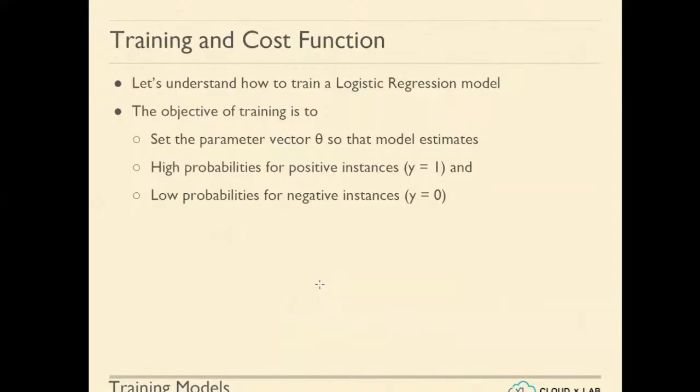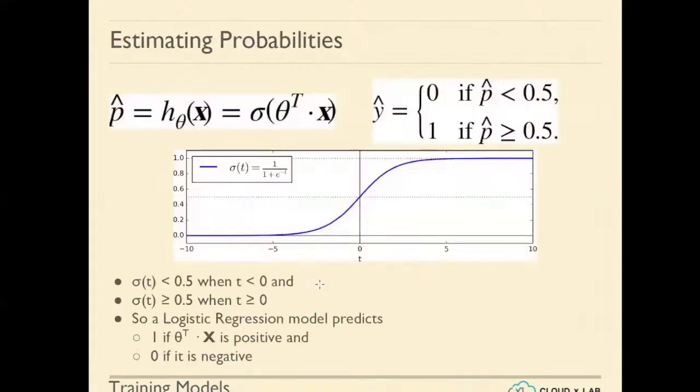Yes. So here our objective is to find the optimal value of the unknown parameter theta such that for the positive class, we want high probability, and for the negative class, we want low probability, right?